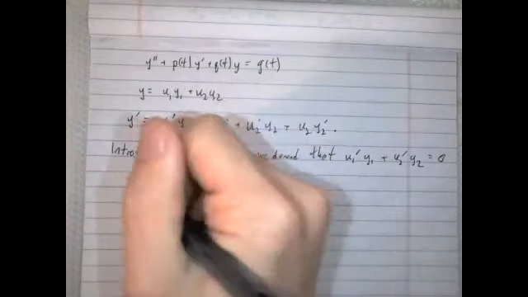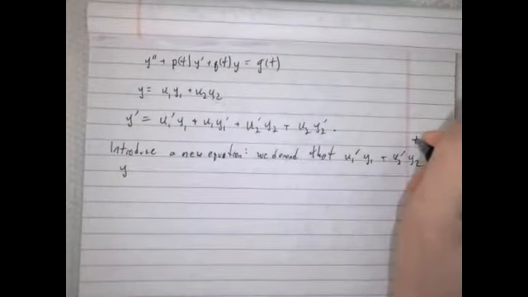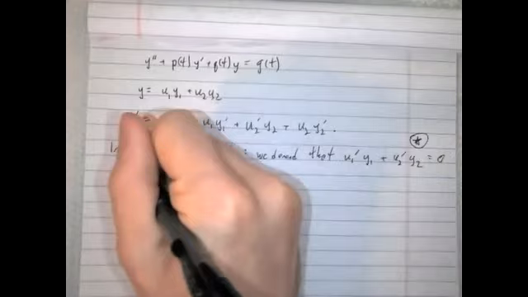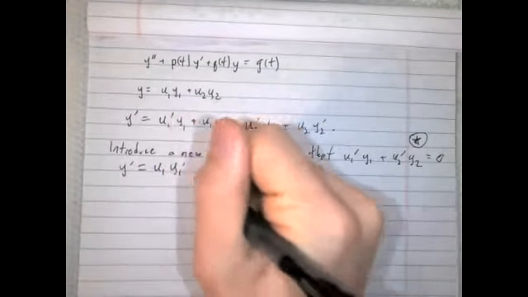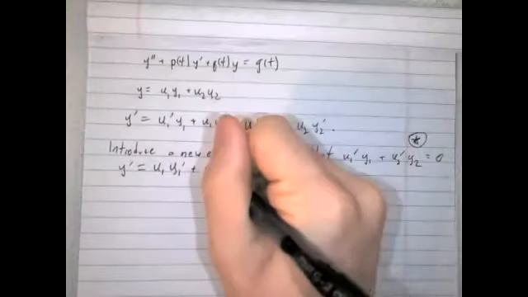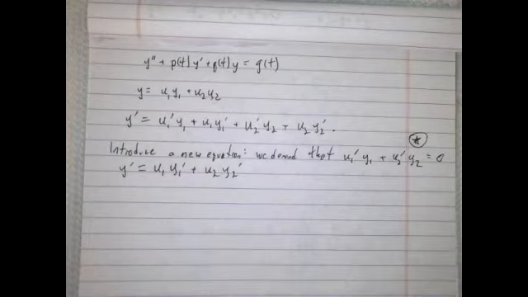So with that in mind, after this equation, which I'll call star, y prime actually becomes u1 y1 prime plus u2 y2 prime. This is an important thing that you should remember when you're thinking about this technique of variation of parameters.